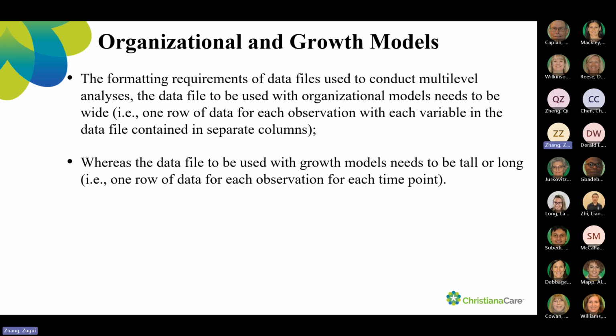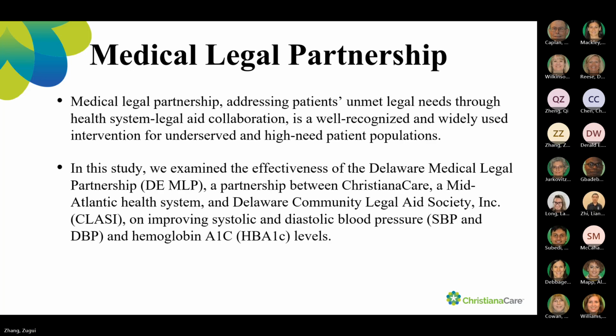In that case, the basic unit will not be the patient, but the every-month measurement. Every-month measurement is the basic unit, or the first level, and the second level is the patient. So in that case, we will see a curve reflecting the repeated change. So this is called the growth model.